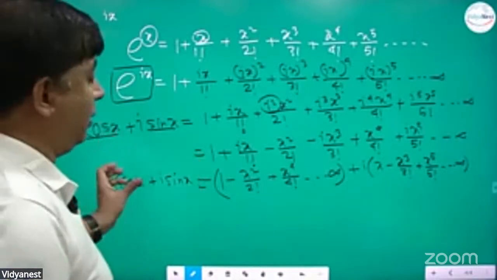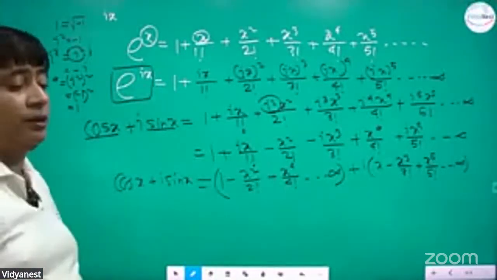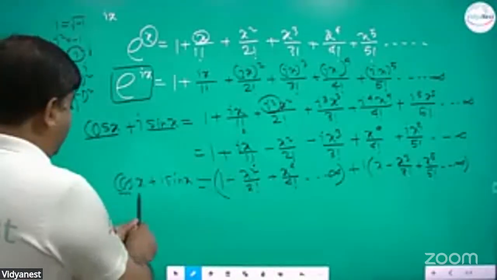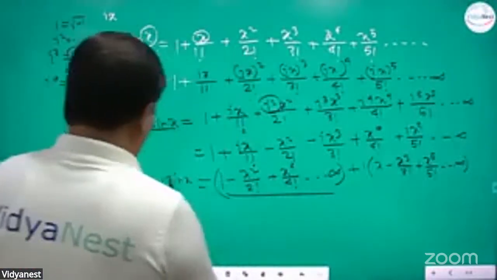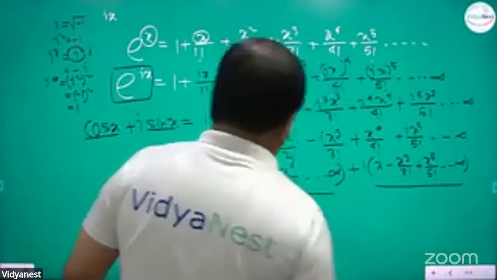Now, basic algebra in complex numbers, those who have been taught complex numbers can do this: real part is equal to real part, imaginary part is equal to imaginary part.